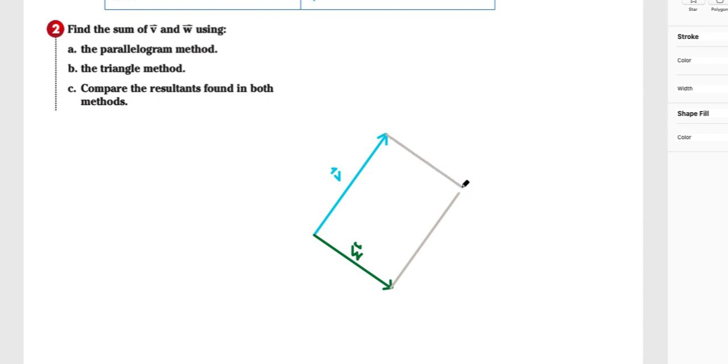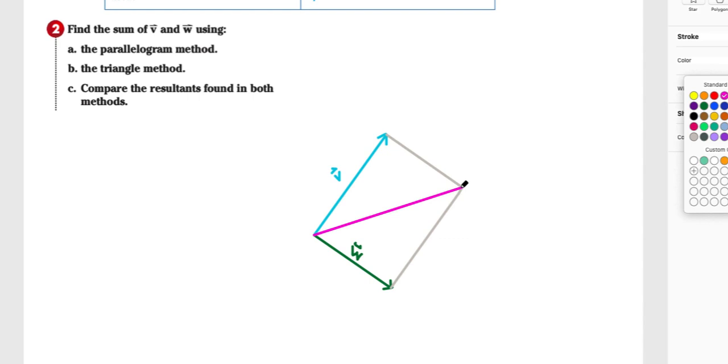So I think it'll be right here. All right, and I'll extend this a little bit. Okay, that's a little better, not perfect, but we'll make it do. And then this vector that I'm drawing in pink will be the resultant, and so I would write that as the sum of v and w. Okay, so that's the parallelogram method.